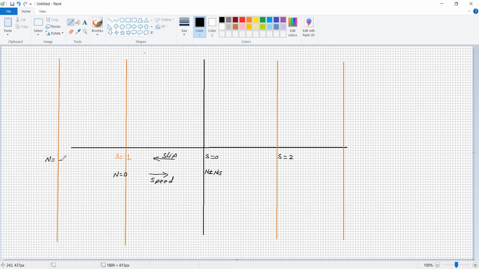So N is equal to minus Ns, and slip is equal to minus 1. Okay, so here the torque slip characteristic we have already drawn. So this is the torque slip characteristic.